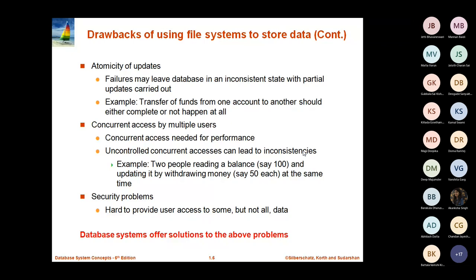By atomicity, what we mean is that these two steps of the process, updating the grade and updating the CGPA, are two steps of grade submission. If only the first step gets executed and the second step does not, and the system stops there, then your CGPA will not be consistent with your grades.